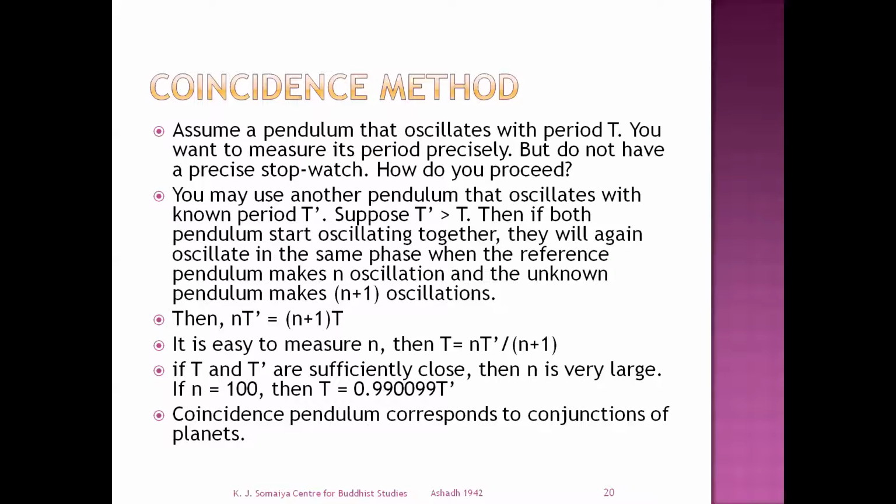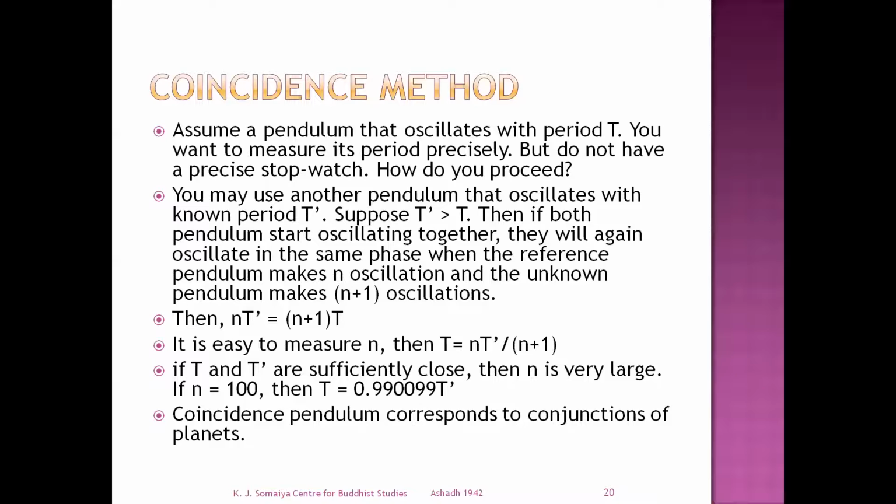Imagine one planet is one pendulum, another planet is another pendulum with a different period, and both have come together. It's like conjunction. And after how many revolutions, again they are going to come together. That's why noting down conjunction phenomena, which conjunction happened in which nakshatra, tells you what is the phase lag or phase lead from the original position. These become very useful to precisely measure the periods.